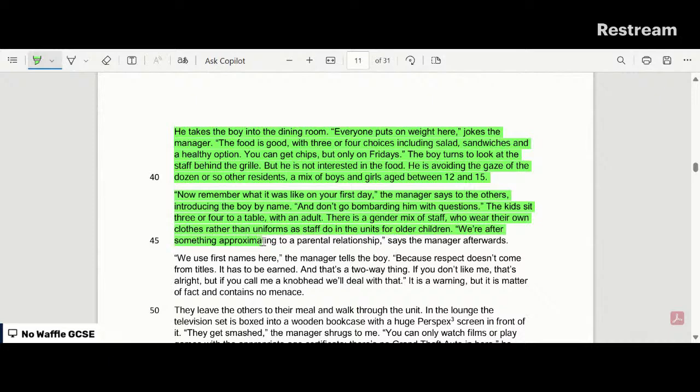We're after something approximating to a parental relationship, said the manager afterwards. We use first names here, the manager tells the boy, because respect doesn't come from titles, it has to be earned. And that's a two-way thing. If you don't like me, that's all right. But if you call me knobhead, we'll deal with that. It's a warning, but it's a matter of fact and contains no menace.